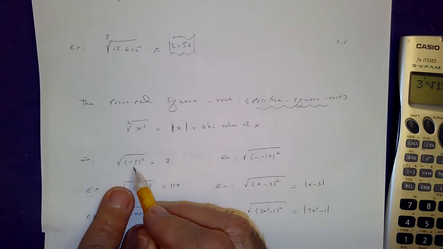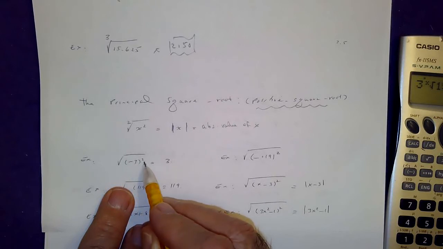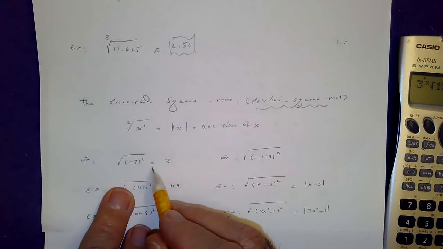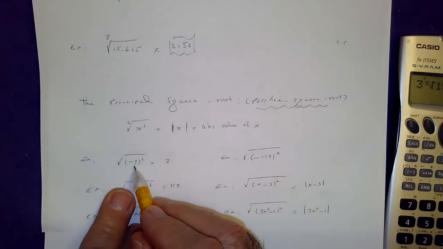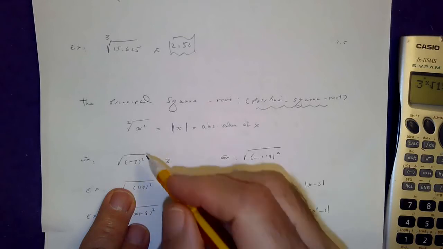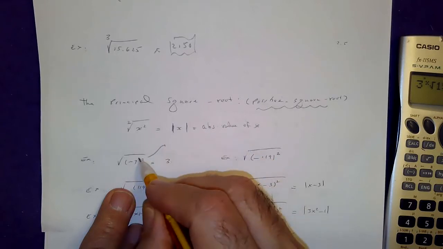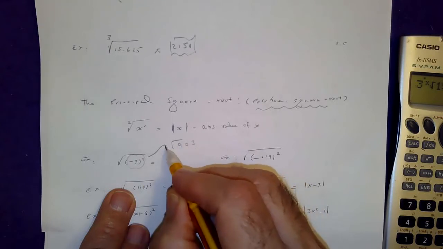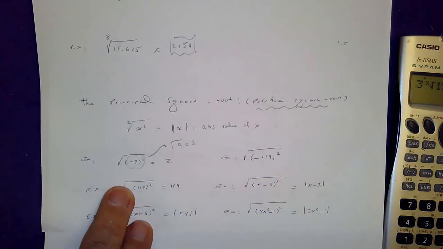That means if you take the square root of negative 3 squared, the answer is not negative 3. The answer is the absolute value of negative 3, which is positive 3. Why is that? Because first you have to square this, get 9. And the square root of 9, you and I, we both know it's 3. It's not negative 3, correct?